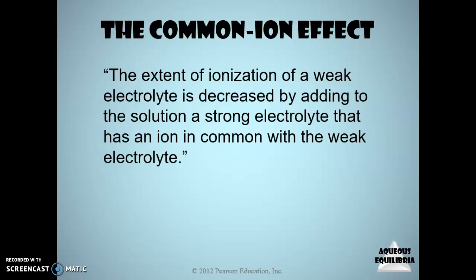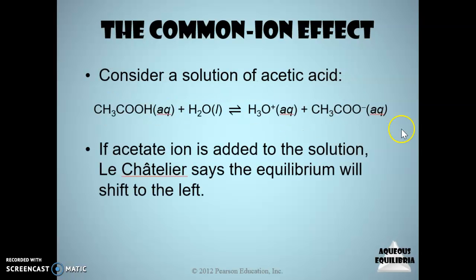So if I go back to the slide, if I add sodium acetate or potassium acetate or calcium acetate or anything acetate, that's going to increase the acetate concentration. And remember your Ka expression: the concentration of H3O times the concentration of acetate, all over the concentration of the acetic acid.